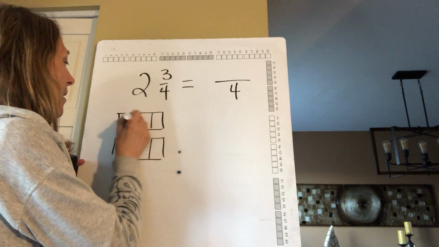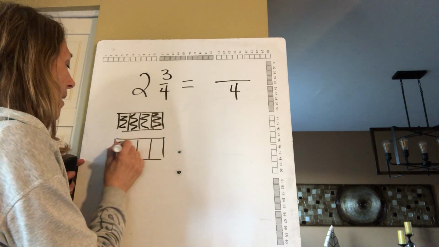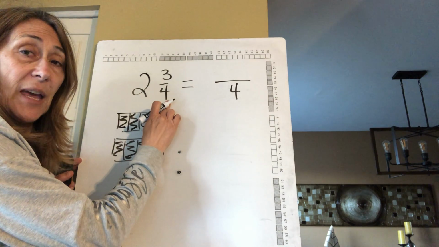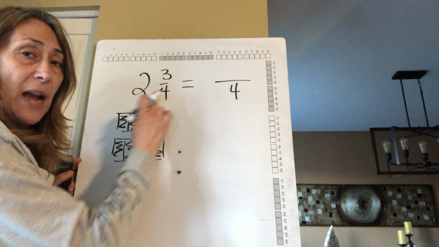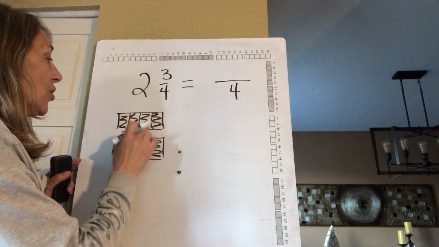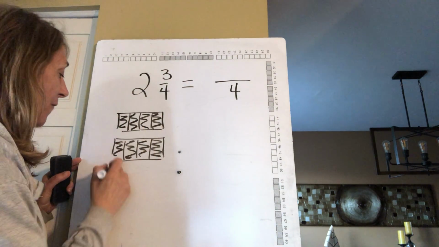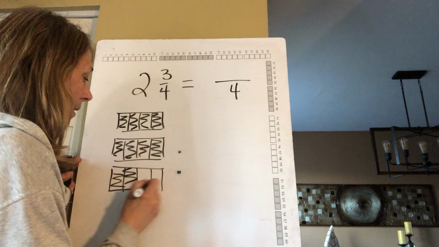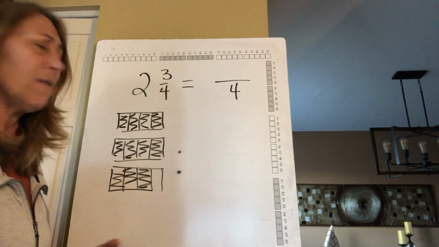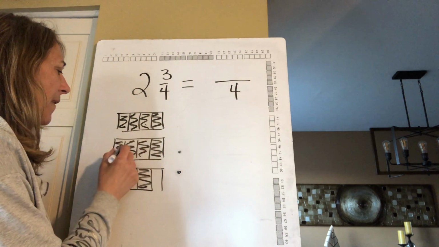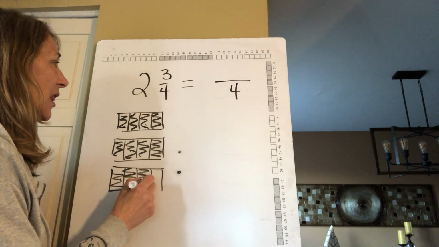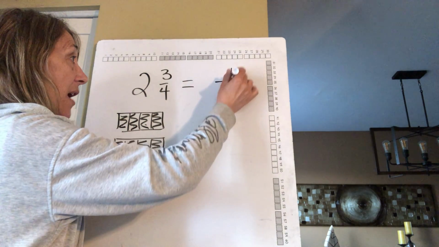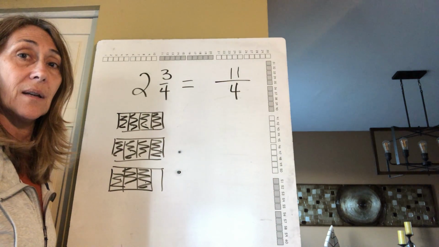So there's 1 whole, 2 wholes. Because remember, 4 pieces make a whole. If my denominator's 4, my numerator's 4. So there's 2 wholes plus 3/4. Now I'm just going to count the fourths. 1, 2, 3, 4, 5, 6, 7, 8, 9, 10, 11. 11 fourths.